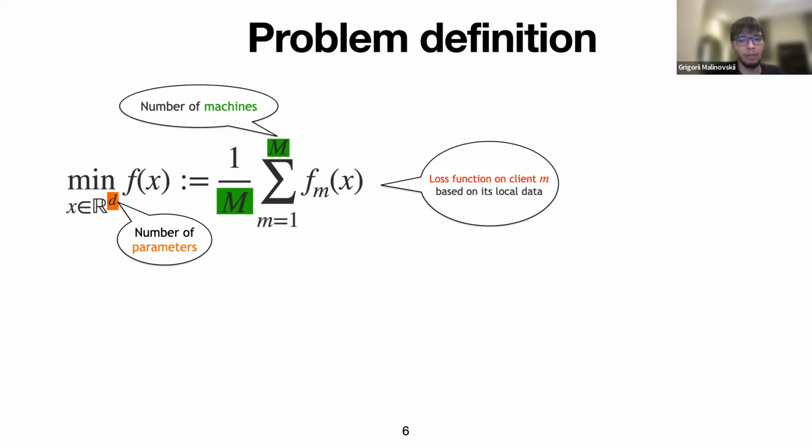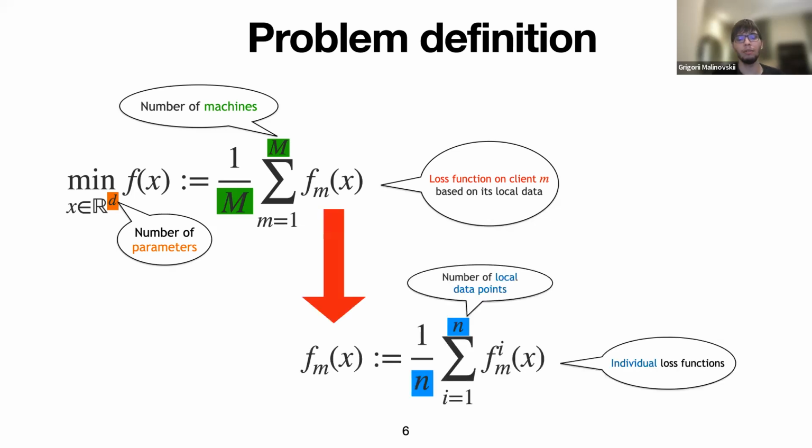Each client has its own data set, so the local loss can be represented as another finite sum of individual loss functions, and n here is the number of local data points. For simplicity, we assume that each client has the same number of data points, but these results can be easily generalized to different numbers of local data points.